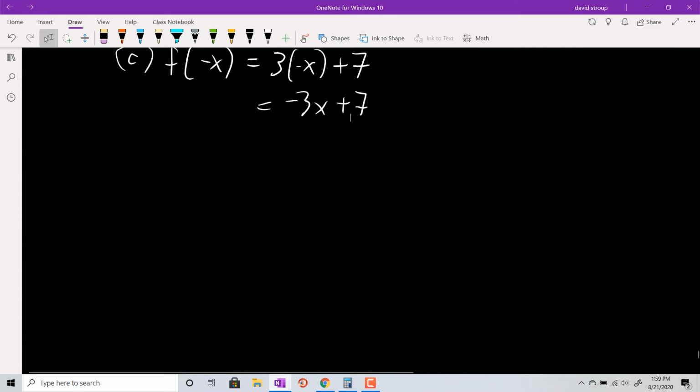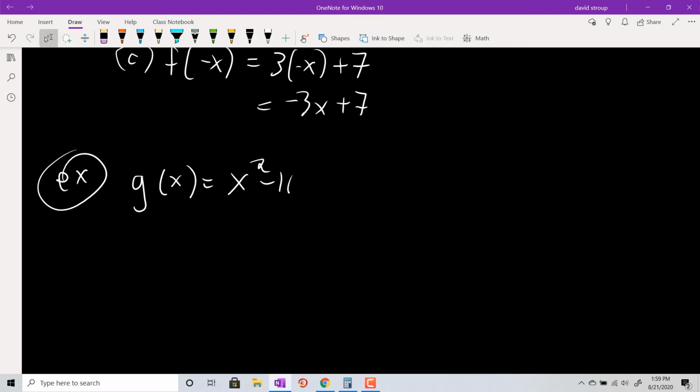Let's try another one. So here we go with the quadratic. And the important part here is to remind yourself that something like negative 2 squared is not the same thing as negative 2 squared, right? The first one is negative 2 times negative 2, which is 4.